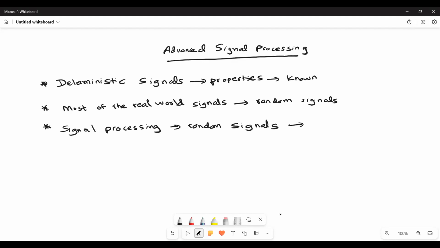When we are doing that, we'll be focusing on many things, including mathematical modeling of random signals.